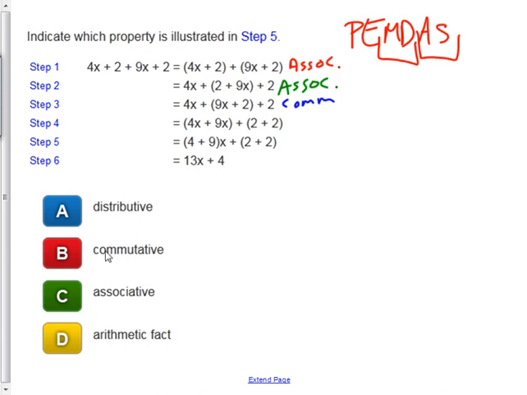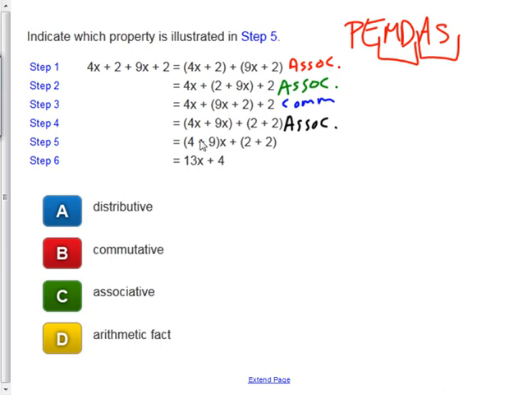So the commutative property, spelled right here, is both for addition and multiplication. The next step, you see that we are now keeping it in the same order as the last step, and we are throwing around those grouping symbols again. So I would say that this is now another example of the associative property.